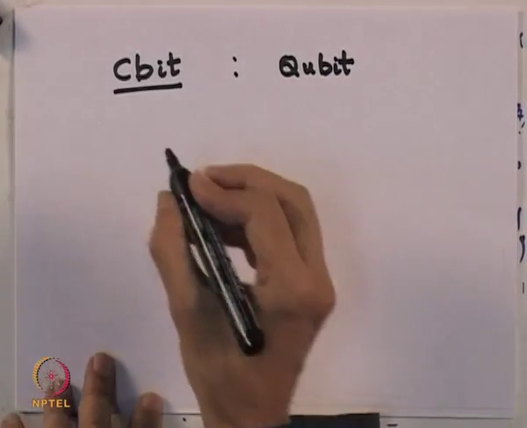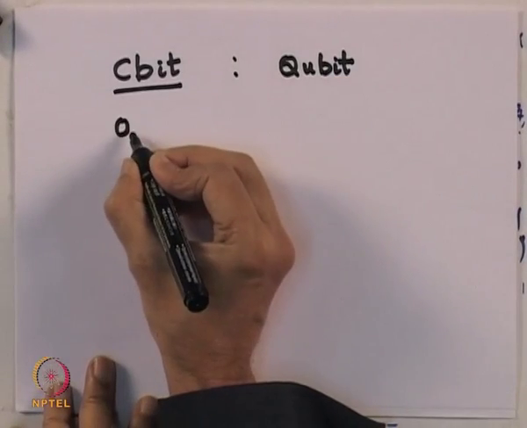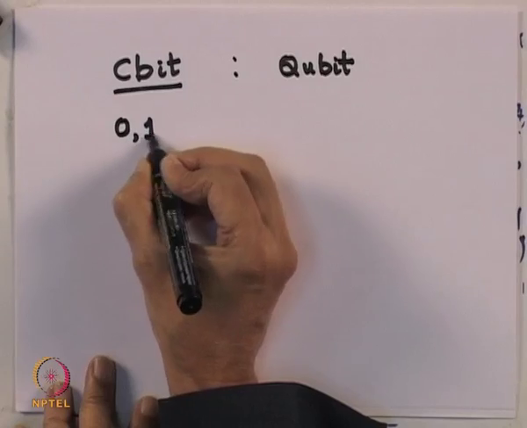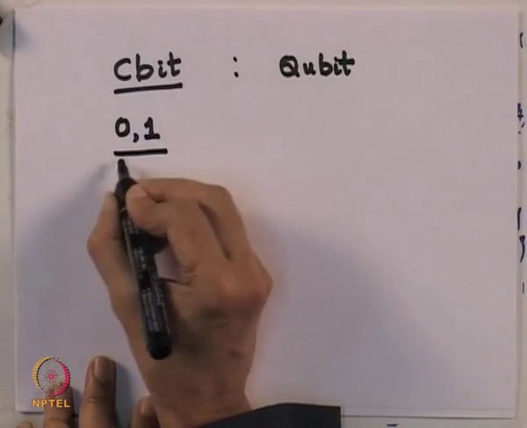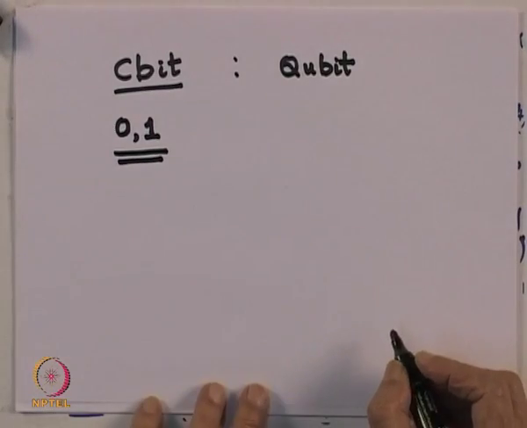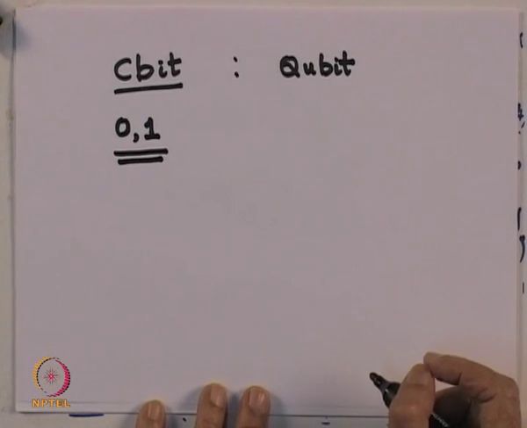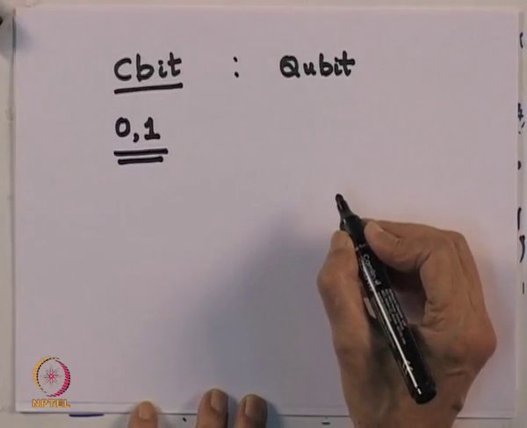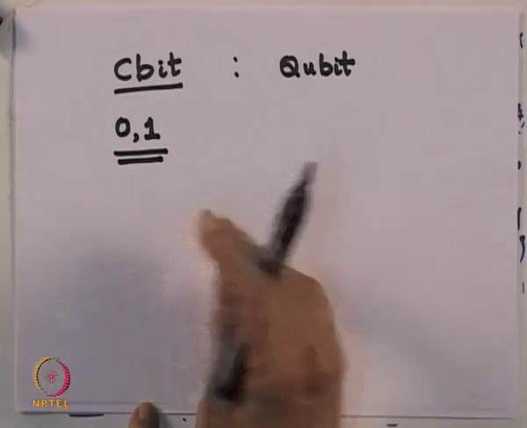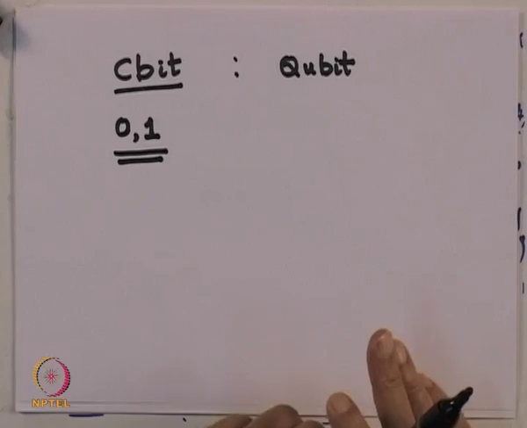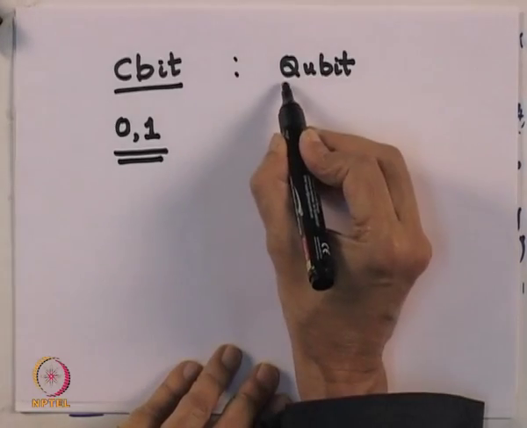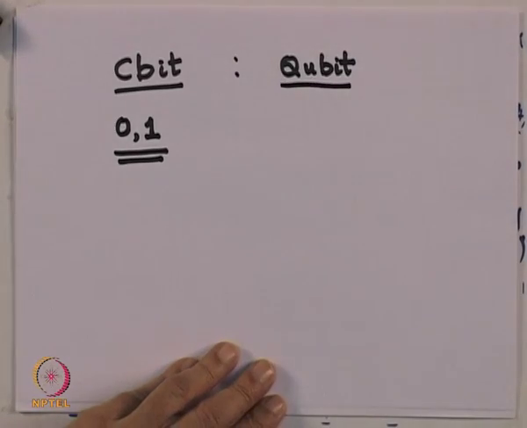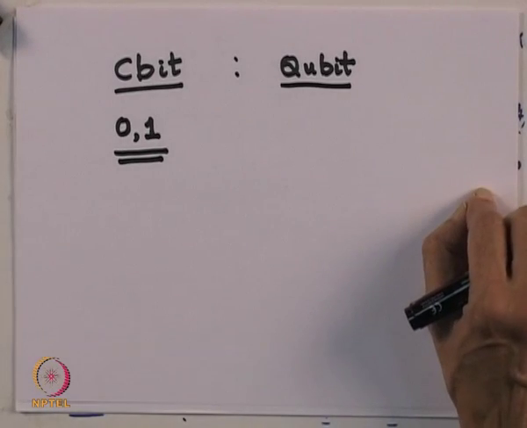So if you recall, my classical bits can take values 0 and 1. And all the classical computation is essentially based on the manipulation that you can do using these bits or a collection of bits. Now the corresponding quantity in quantum computation is known as a qubit, and there is a very big difference between them.